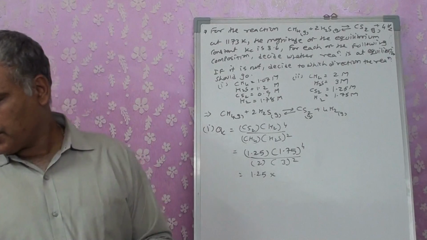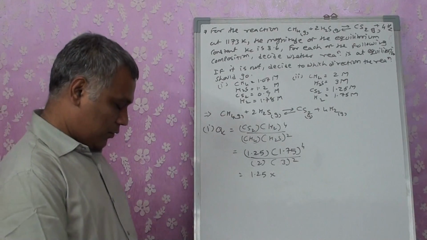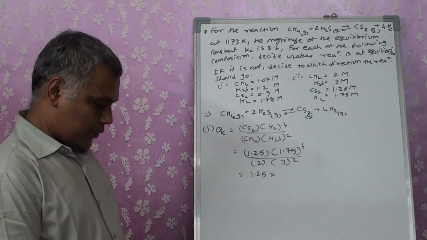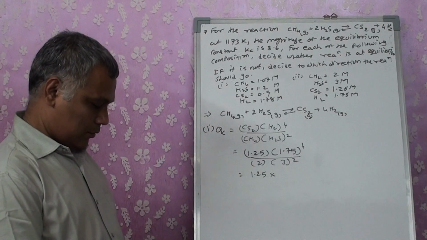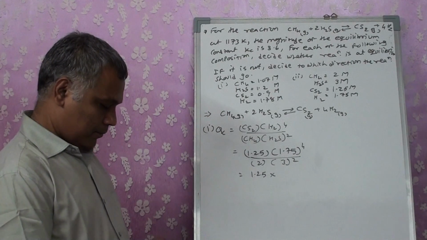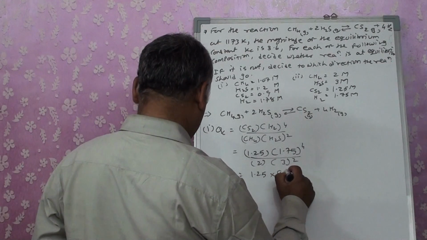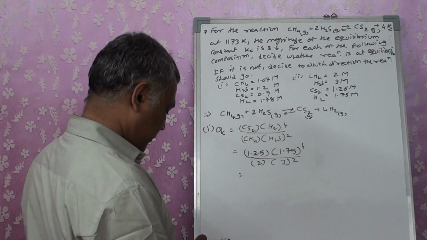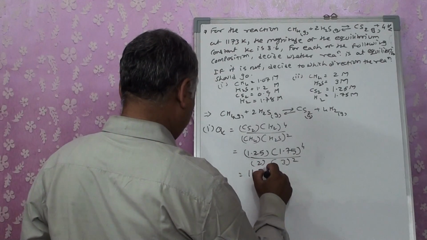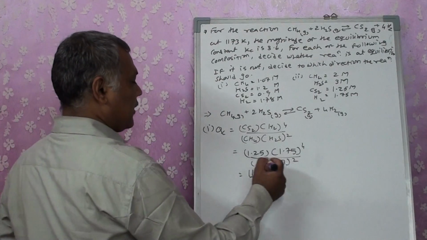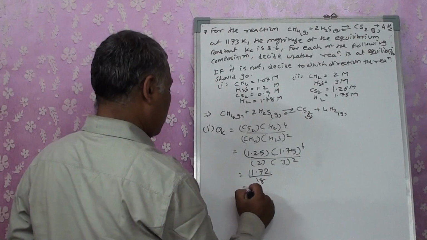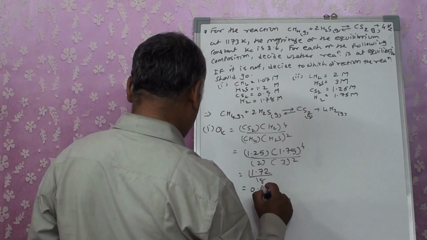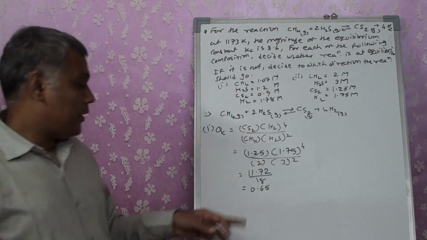So by using the calculator, if I go through the calculation, with 1.75, I will make it a whole calculation. 3 threes are 9, 9 twos are 18. So here we get 0.65.